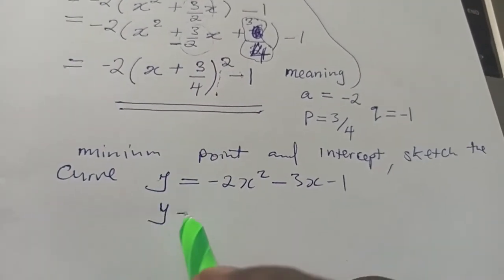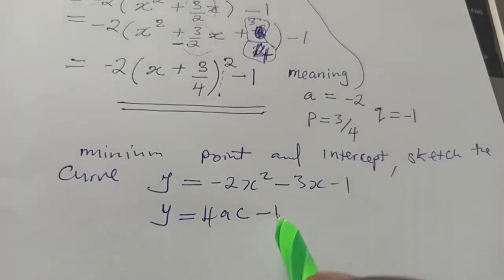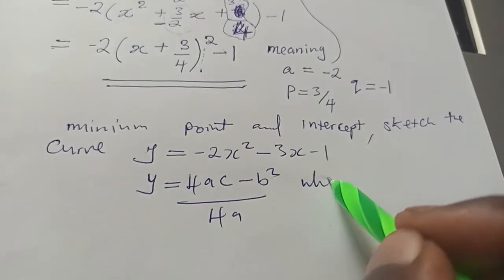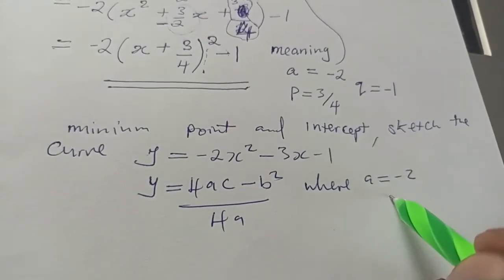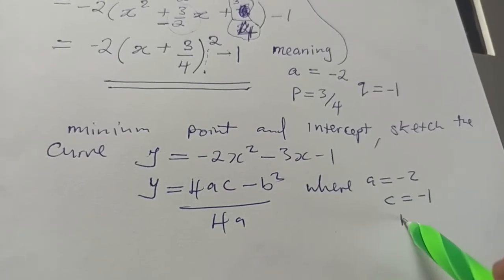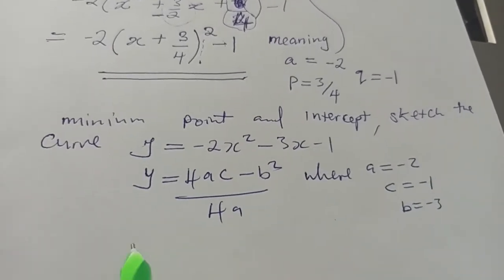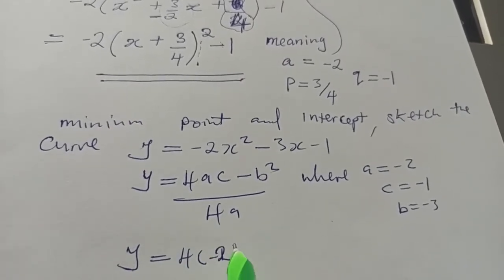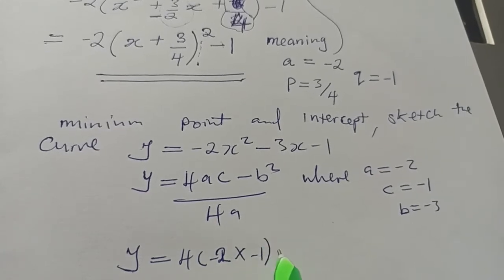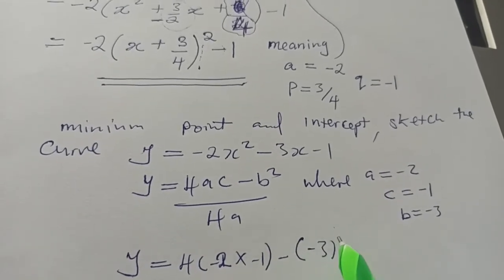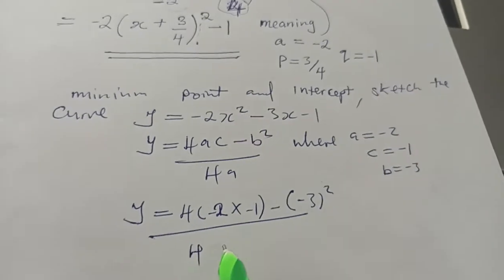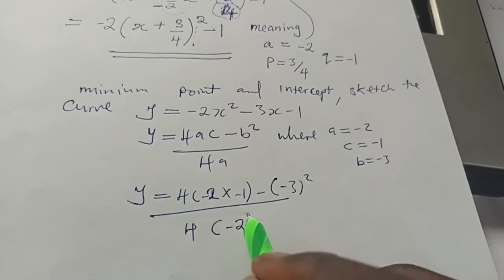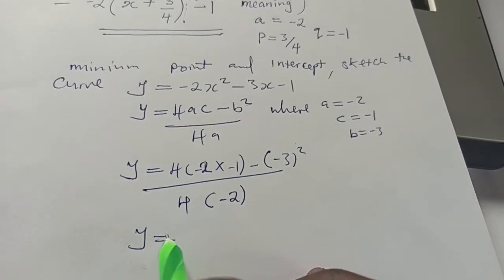But you can say y is equal to (4ac minus b squared) over 4a, where we know our a is -2, our c is -1, our b is -3. So by replacing, it becomes like so.